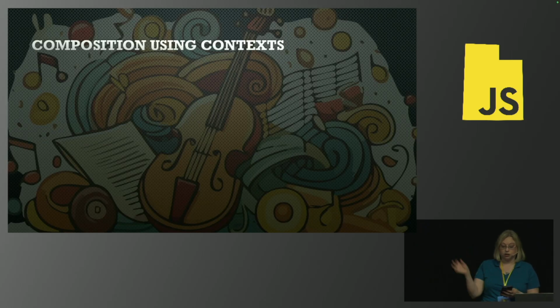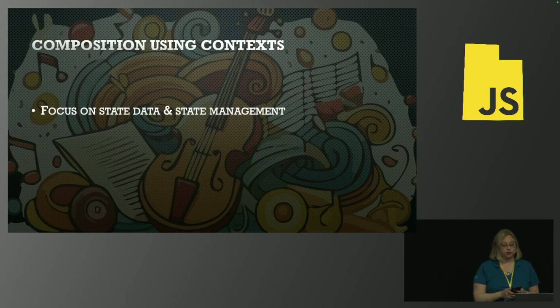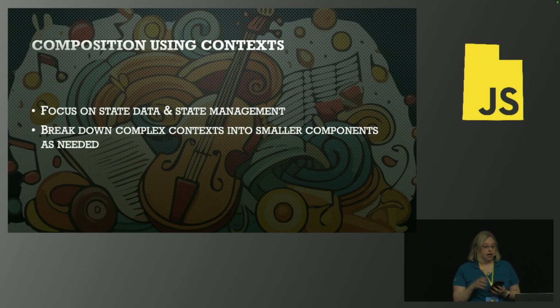When I'm using context, how do I use composition? I focus on state data and state management in my context. I like to break down those complex contexts into multiple smaller contexts that are separate. Maybe we're dealing with drag and drop, and we have a context for that, and a context for highlighting, and a context for user preferences, and we can stack them and separate them.